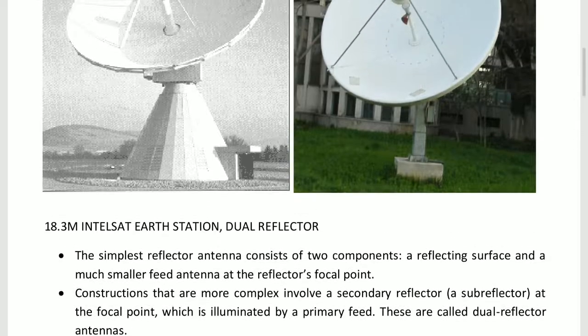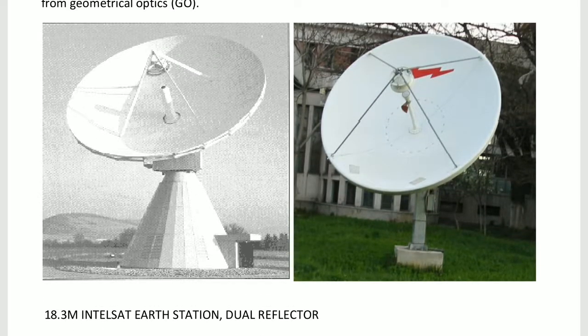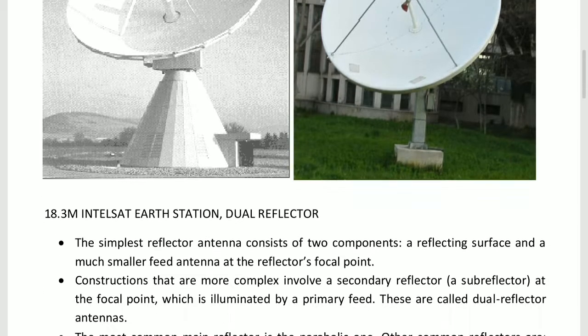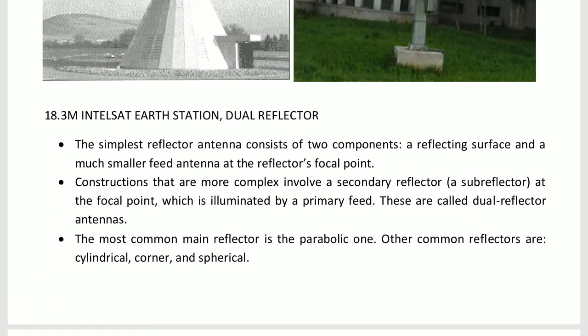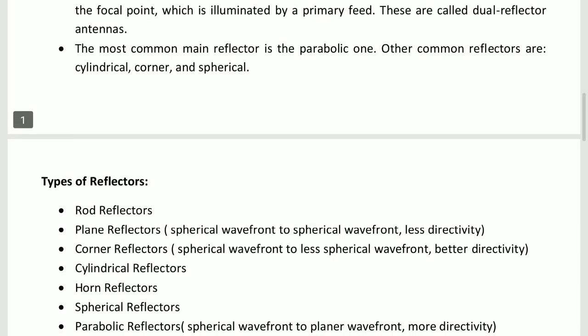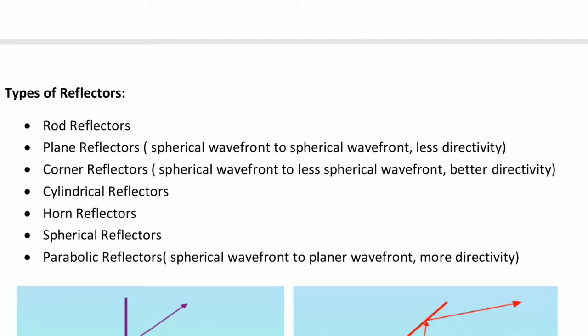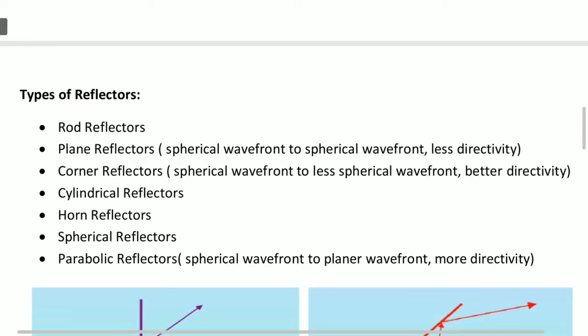So the first image, that is the Intelsat Earth Station, is nothing but a dual reflector antenna. The most common main reflector is the parabolic one. Other common reflectors are cylindrical, corner and spherical. So this is the basic introduction part of reflector antenna. Now we will move towards the important point, that is the types of reflectors.